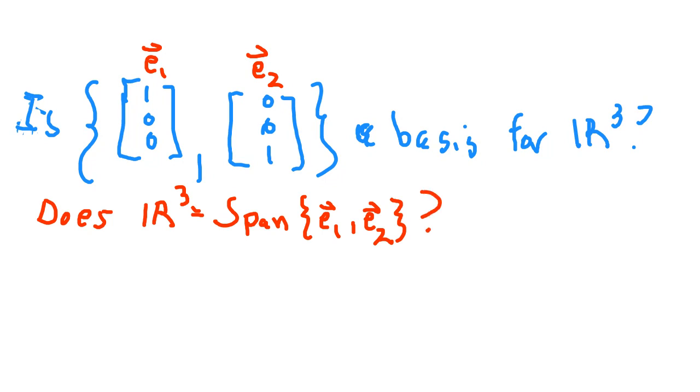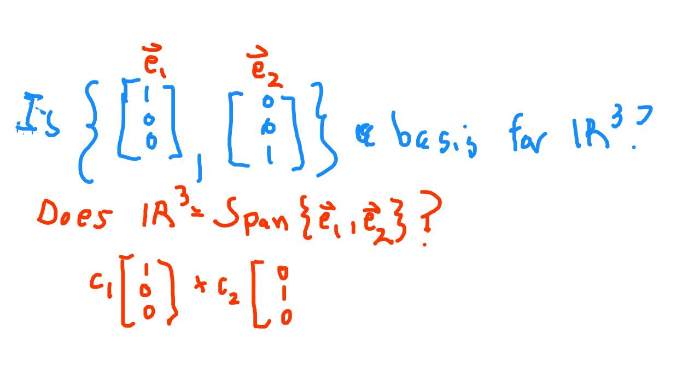If you were to take any linear combination of 1, 0, 0 and 0, 1, 0, could that equal all vectors in three-dimensional space?